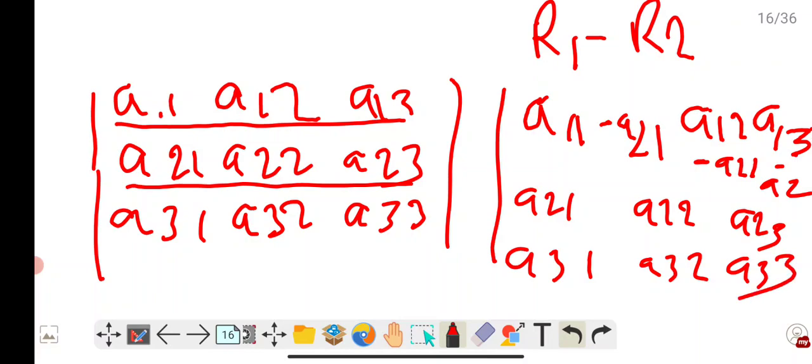The only change is in row one, that is R1 minus R2 we have carried out. The determinant's value remains the same. There will be no change in the value of the determinant.